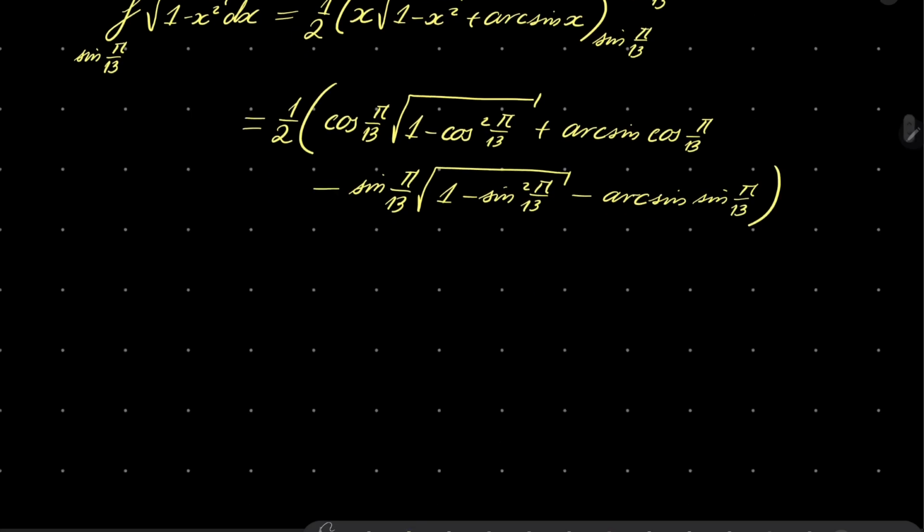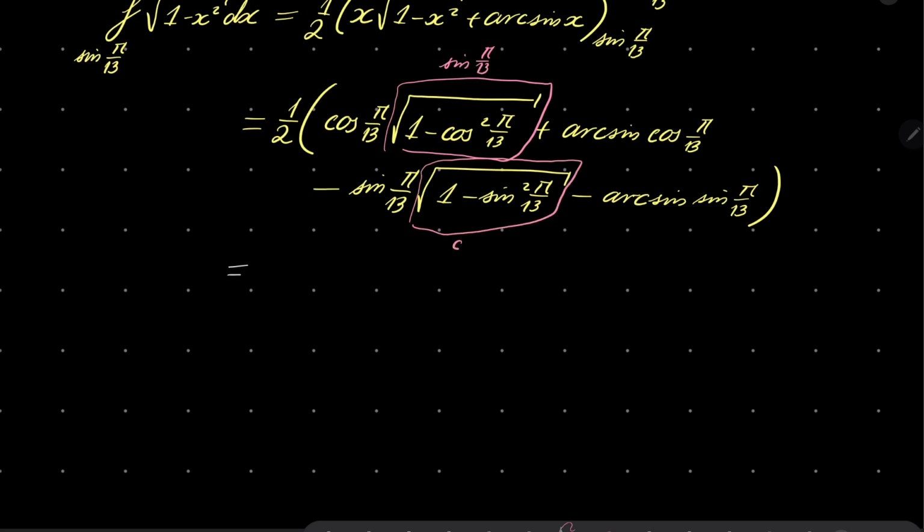Right. And now let's see. Since pi over 13 is clearly in the first quadrant, this entire thing can be replaced by sine of pi over 13. Likewise, this can be replaced by cosine of pi over 13. And if you look closely, this and that cancel, which is very helpful because it's the part which causes trouble.